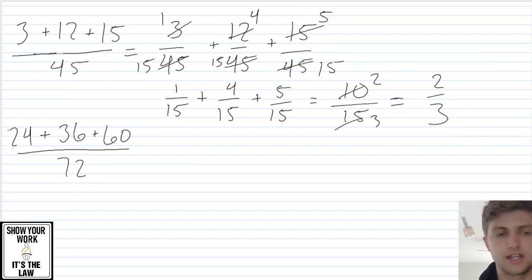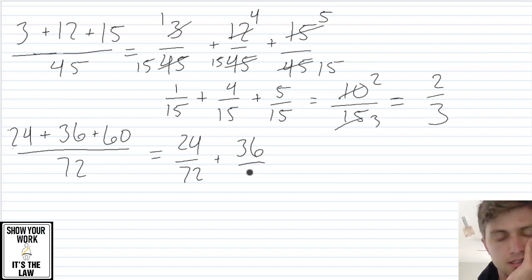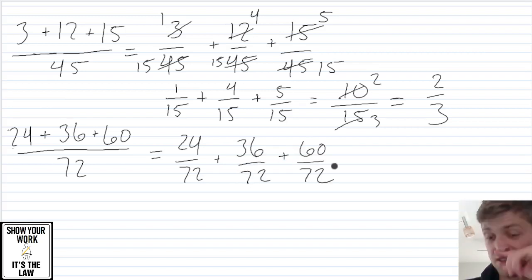Okay, let's take a look at this one over here. Like I said, we started with our 120 over 72. We broke our 120 into 24 plus 36 plus 60. And now we can break these into three separate fractions. So that's going to be 24 over 72 plus 36 over 72 plus 60 over 72.